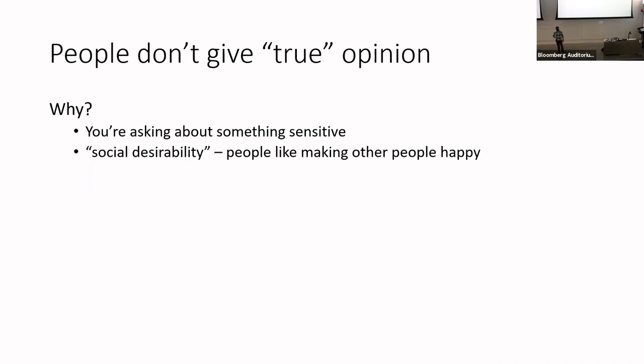Or people like making the pollster happy. There's a whole literature on polling, which asks: do people answer differently if there's a live pollster on the other end as opposed to an automated system? It's unclear what the conclusion of that literature is, but there are all these things where people just don't want to say unfortunate things to the person on the other line.